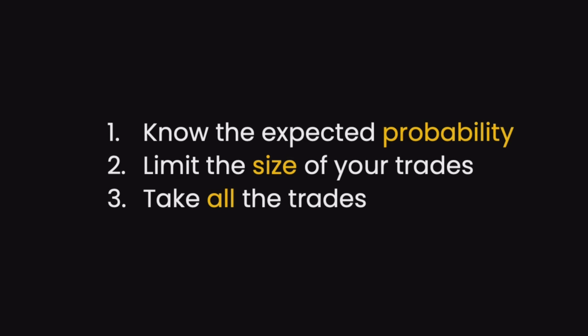But we need to limit the size of our trades. To minimize risk, it's absolutely essential to keep positions and investment sizes small. This risk management strategy ensures that unforeseen events, similar to black swan events in insurance, don't have a catastrophic impact on our portfolio. And finally, we need to take all the trades.